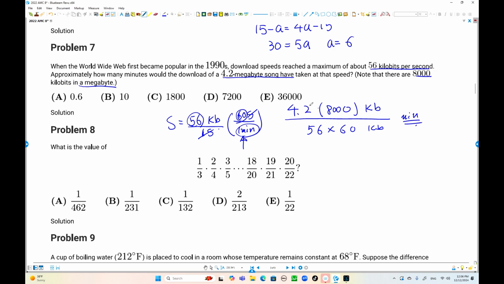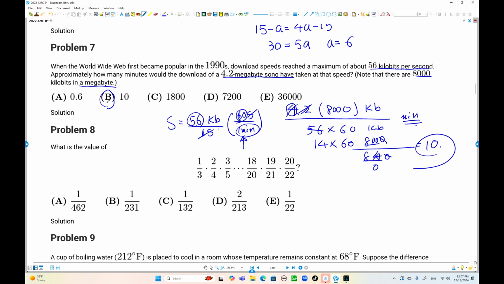This is 4, because 4.2 is very close to 4, right? So 56 divided by 4 is what? 14. 14 times 60 is what? 8,400, right? Still over here 1,000. So over here 800 over 80. This looks like 8. So that's 10.